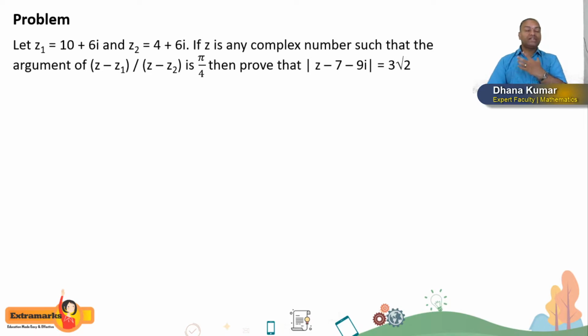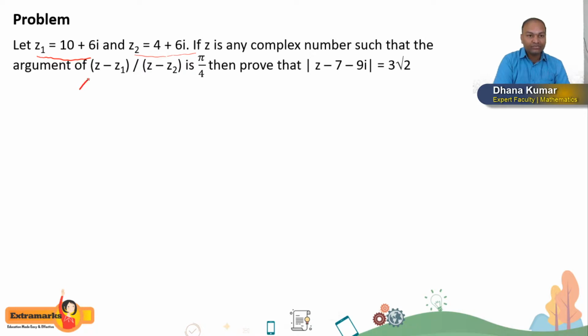Right. Related to circles concept. Now you observe this one. Z1 is equal to 10 plus 6i, and Z2 is equal to 4 plus 6i. If Z is any complex number such that the argument, denoted by the first 3 letters arg, A R G. So here what is the condition?